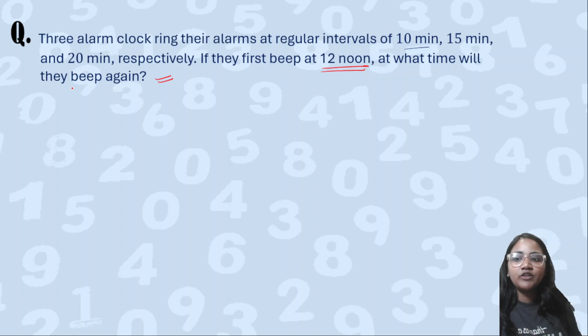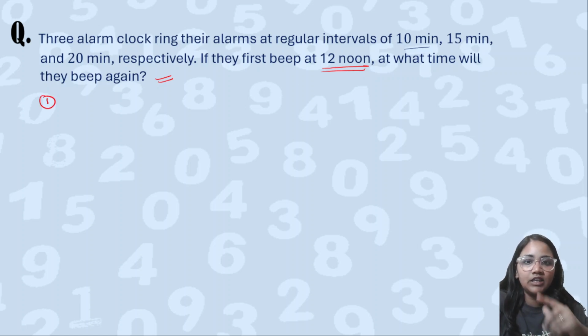Okay, so first we have read the question carefully. Now we need to observe. If the alarms have beeped at 12 noon, can they beep again together at 5 minutes? No. Why? Because at 5 minutes this alarm will not beep, neither this will beep, nor this will beep. Can it beep at 12 minutes?